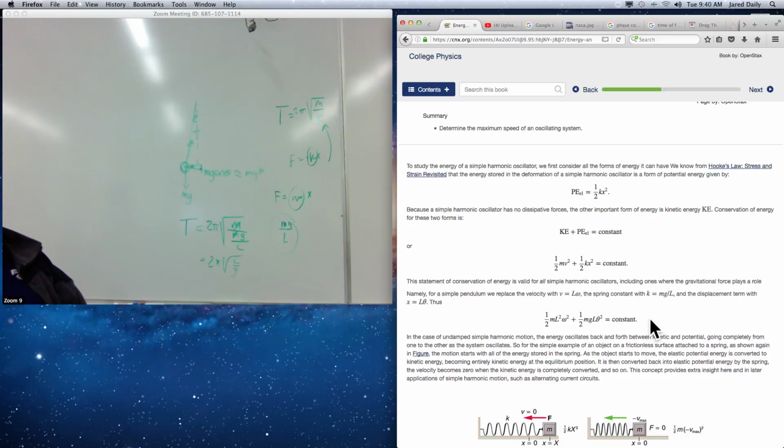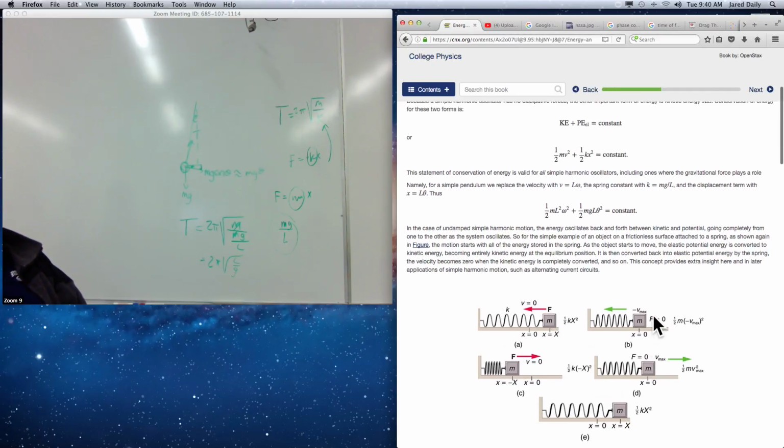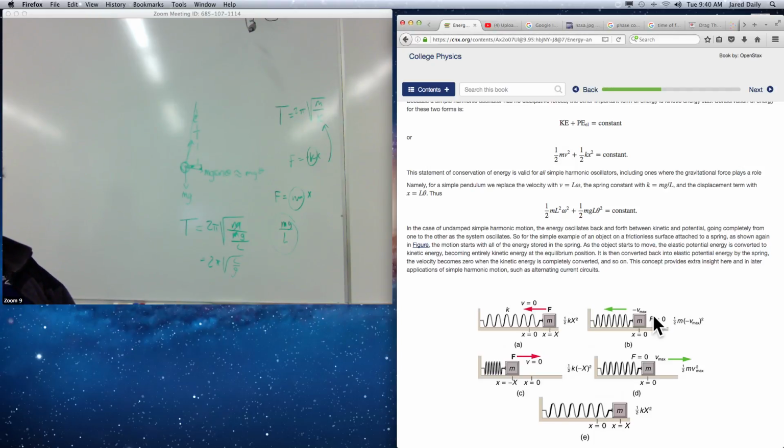And you get an interesting equation, which is in this next section for a pendulum, which is 1/2 m times L squared omega squared for the kinetic energy. You get angular velocity instead of linear velocity, and then you get 1/2 mgL theta squared, where theta is the angle that it is displaced. And those two things are added together to be a constant.